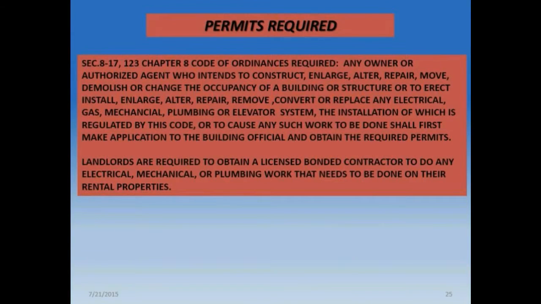Permits required by landlords. Chapter 8 of the Code of Ordinances requires any owner or authorized agent who intends to construct, enlarge, alter, repair, move, demolish, or change the occupancy of a building or structure, or to erect, install, enlarge, alter, repair, remove, convert, or replace any electrical, gas, mechanical, plumbing, or elevator system, the installation of which is regulated by this code, or to cause any such work to be done, shall first make application to the building official and maintain the required permits.